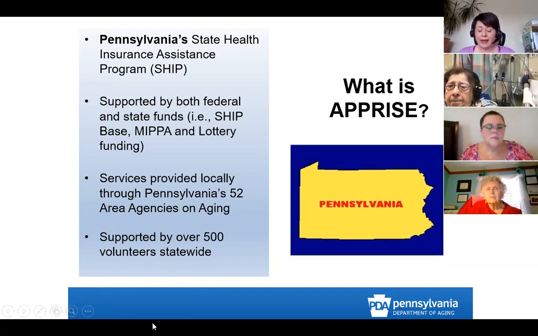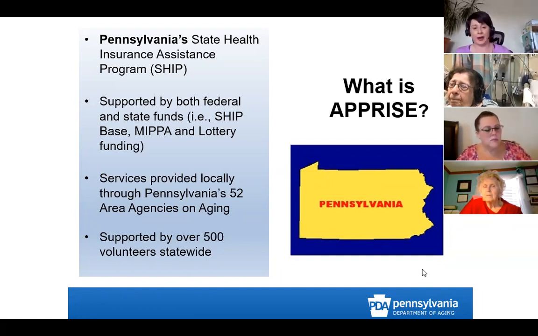And to ensure that our services are available to all Medicare beneficiaries across the state, the funding goes from the Department of Aging down to our area agencies on aging to deliver the APPRISE services to their communities. Now, we do have APPRISE staff working in our area agencies on aging, but we're also supported by volunteers. And we have over 500 volunteers statewide that contribute their time and their talents to our program. And we are so appreciative of our volunteers and their dedication to our program.